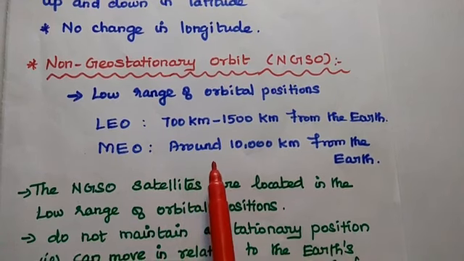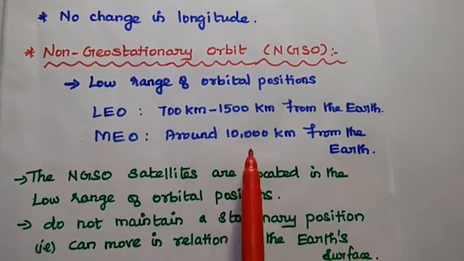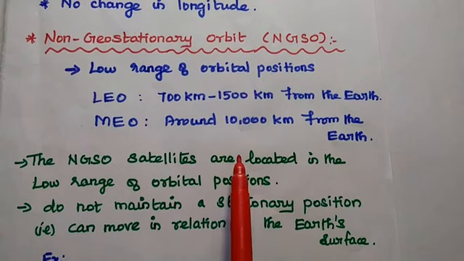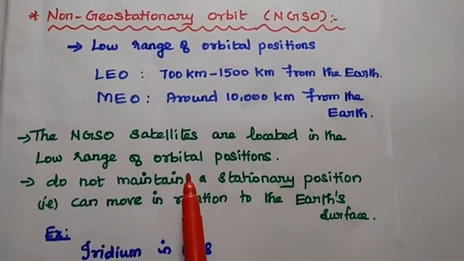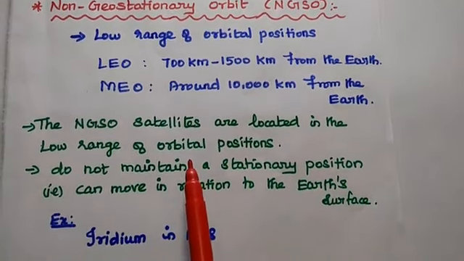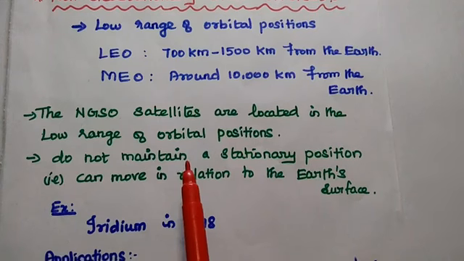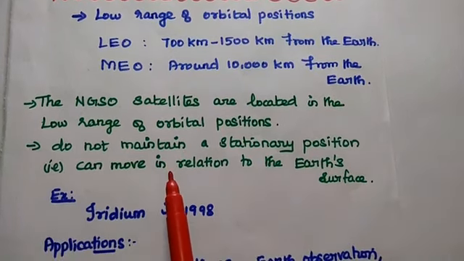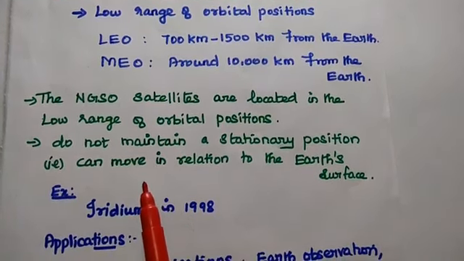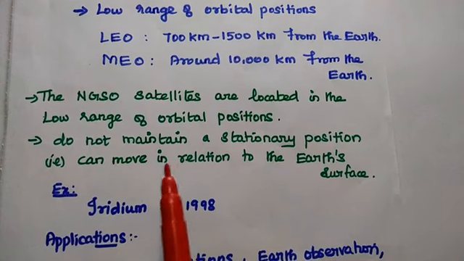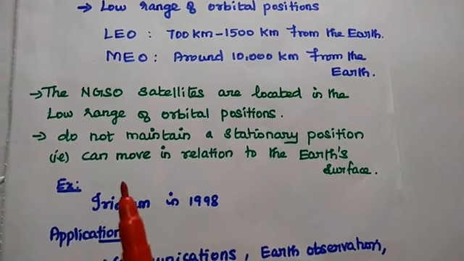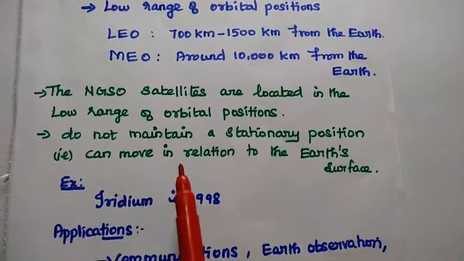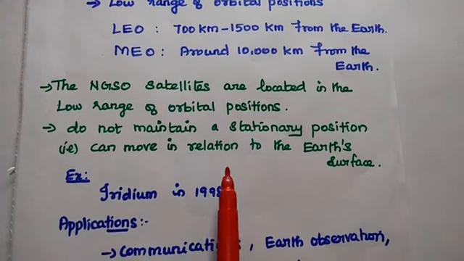So here it is around 10,000 km from the Earth. Okay. So in general, the non-geostationary satellites are located in the low range of orbital positions, and these satellites do not maintain a stationary position. They can move in relation to the Earth's surface.